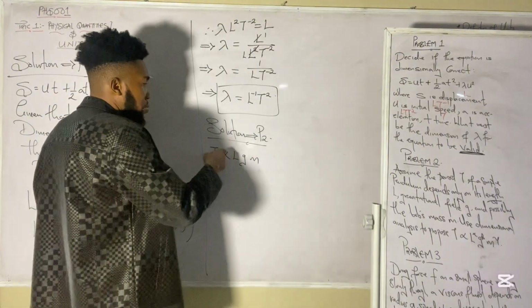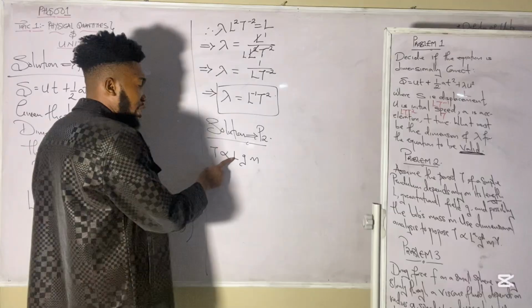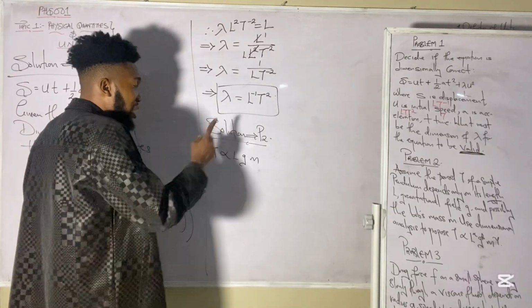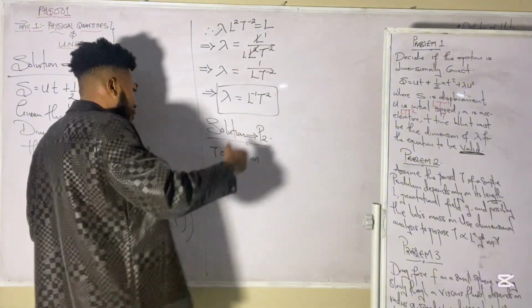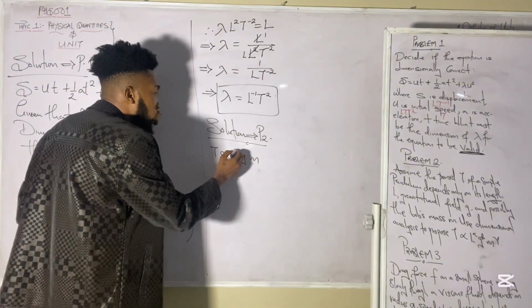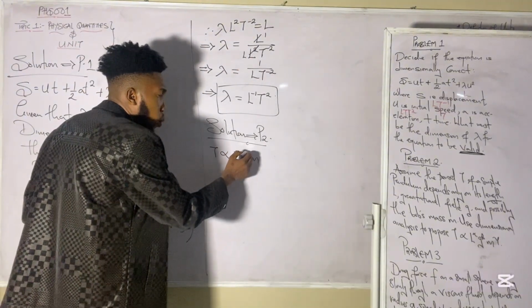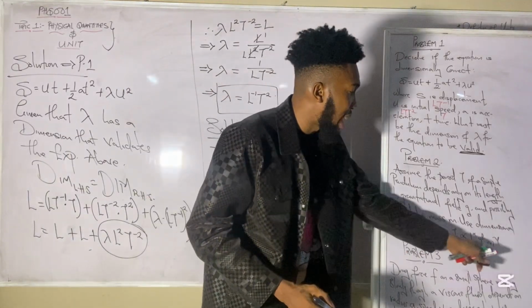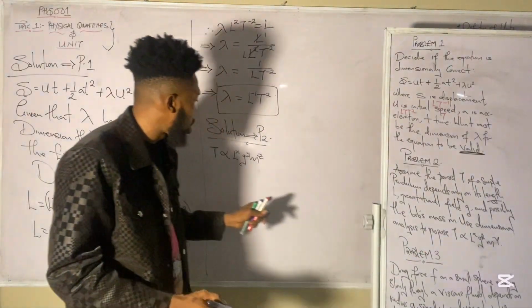So T relates with these in a given way. The fact that we don't know how they vary, whether direct, indirect or to the power of something, we just put their variation order here: X, Y, and Z. So you can see that even without them giving you this expression, you can formulate your own expression.